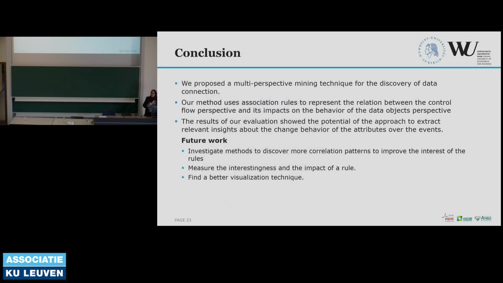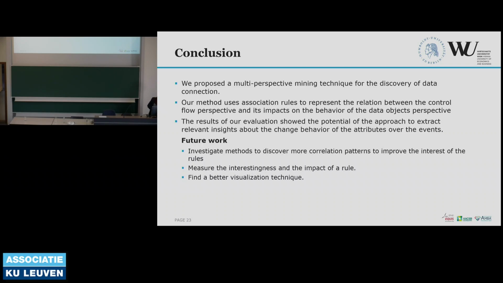So to conclude, we proposed a method, a multi-perspective analysis method, to provide insights about the relation of changes over the control flow and how that impacts the changes over the data.